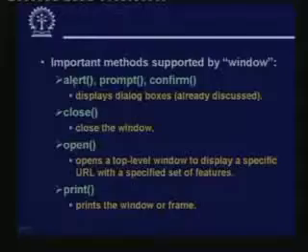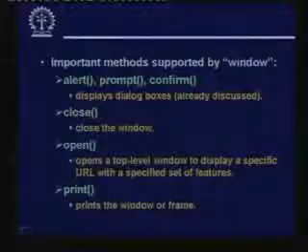So, these are different ways of basically displaying dialog boxes with user confirmation, user options, etc. Close, you can use to close a window. Open, also you have seen how to use it. You can open a new window with desired properties, like you recall the size, whether you want a scroll bar or not, whether you want the window to be resized or not, etc. So, you can just open a new window. You can also specify the URL, what is to be displayed in that window.